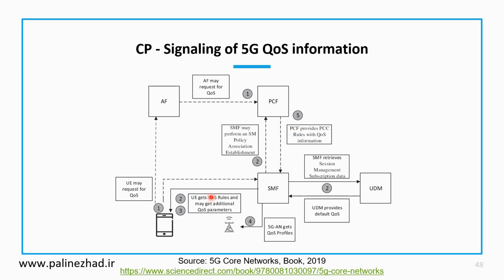Then in the last step, in number 5 here, when the PCF gets a QoS request from AF, the PCF generates PCC rules, and these rules are sent to SMF based on the subscription and policies.